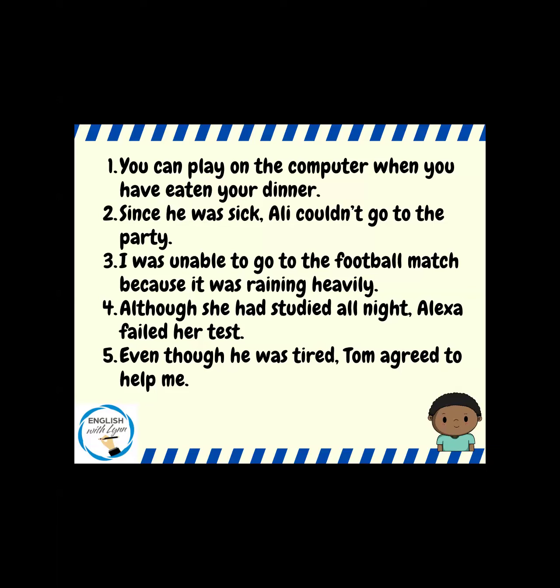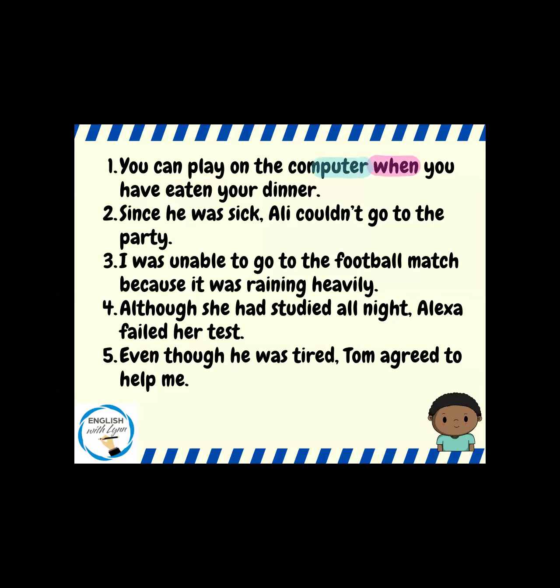So in my first sentence, you can play on the computer when you have eaten your dinner. So it's given the time that they can play on the computer. So I can look here and I can see this part at the beginning of my sentence here, and let me just do it in the lighter color.